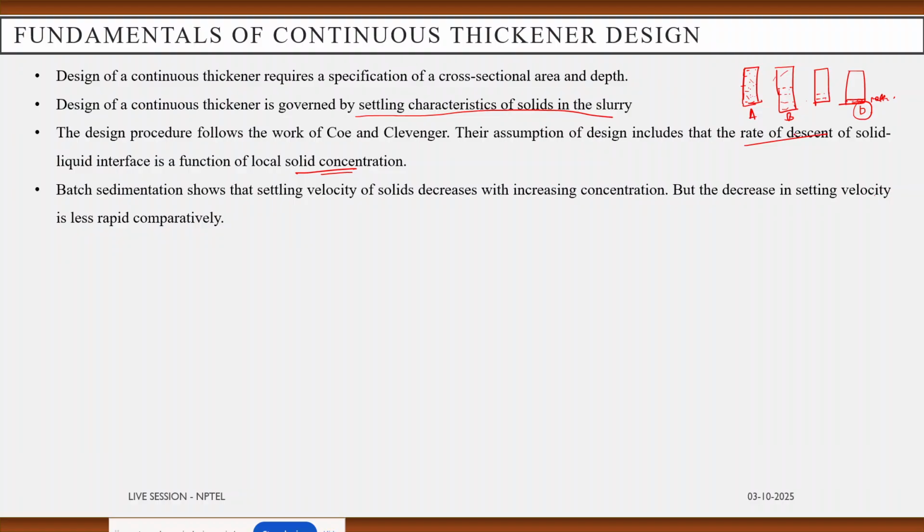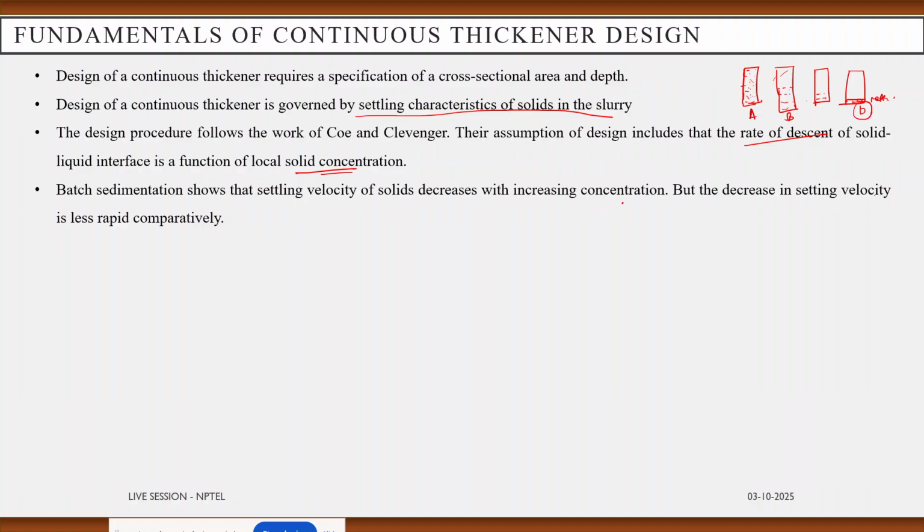If you refer to the last class lecture note, you will know that we have learned about the sedimentation study, which is a part of the gravitational separation method. That sedimentation study shows that the settling velocity of the solid decreases with increasing concentration.